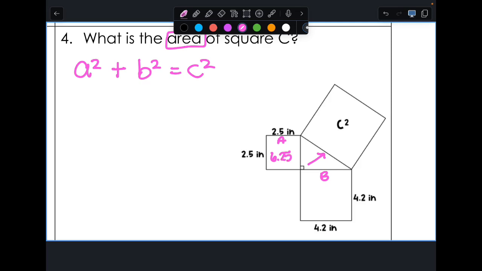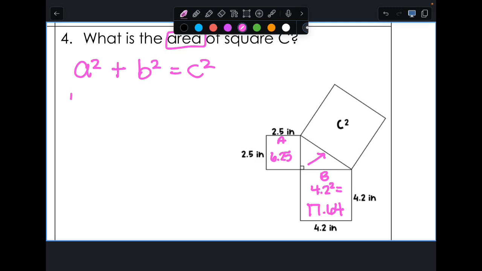And what do you get when you square 4.2 or 4.2 squared? 17.64.